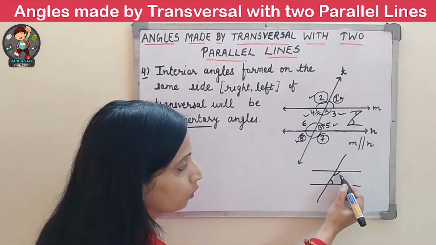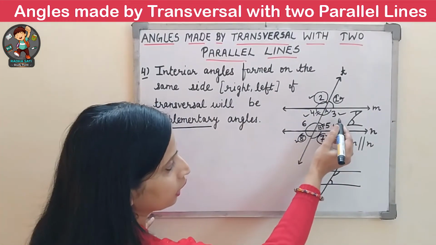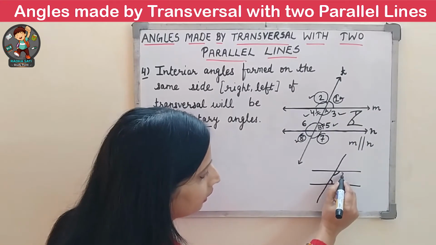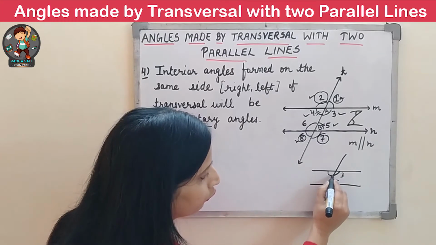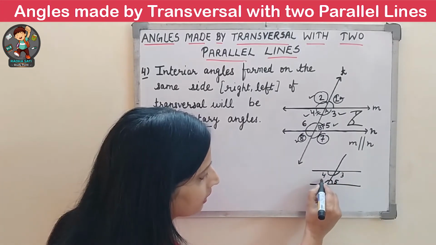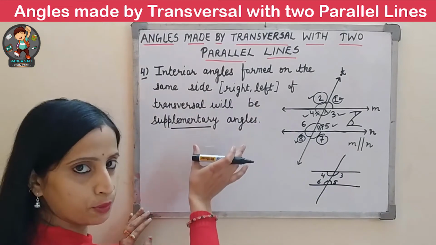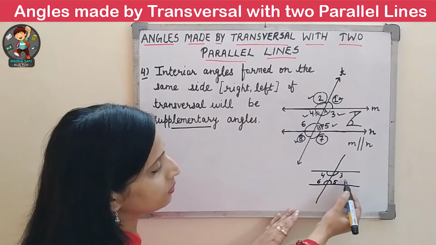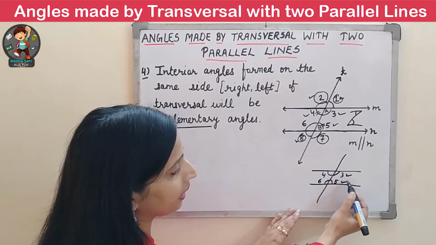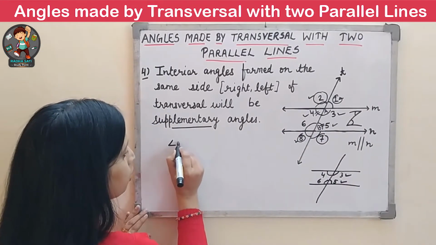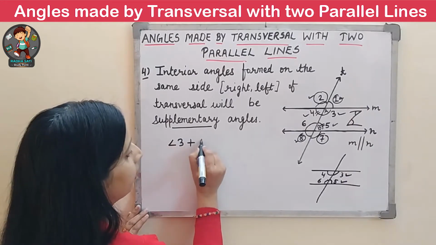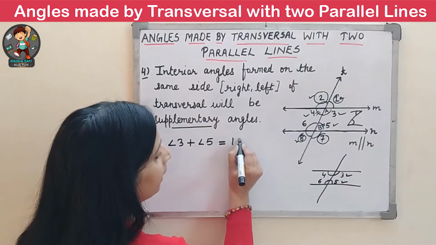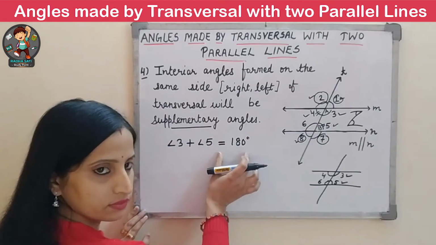Now first we will talk about the right side of this angle. These four are interior angles 3, 5, 4 and 6. As per this property, the interior angles formed on the same side, this means angle 3 and angle 5, the sum of these two angles, angle 3 plus angle 5, will be equal to 180 degrees.